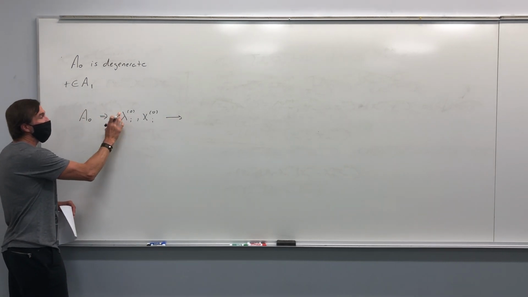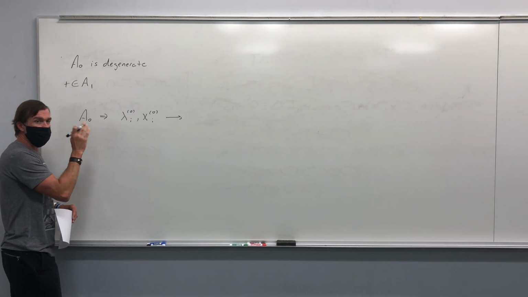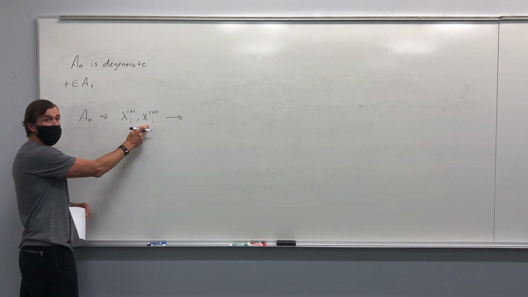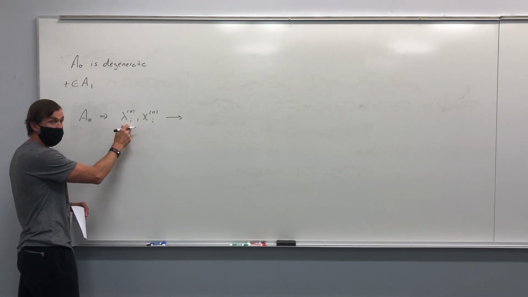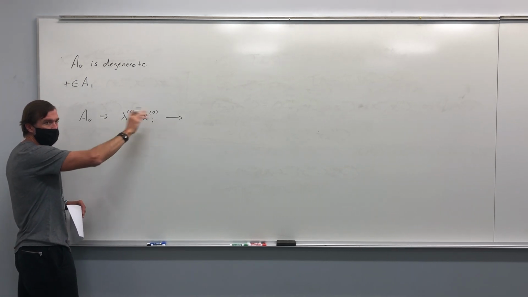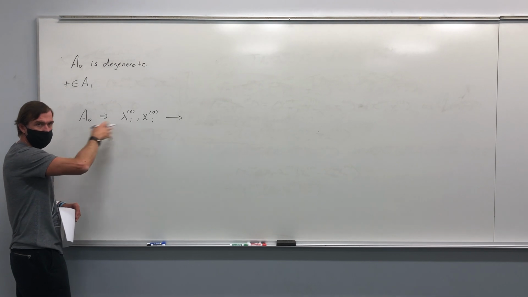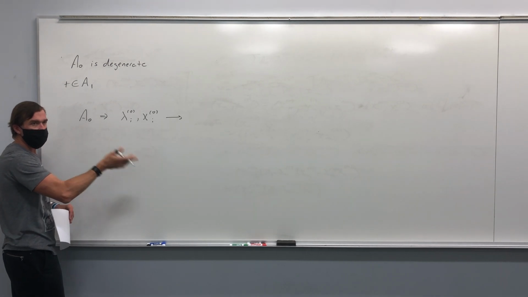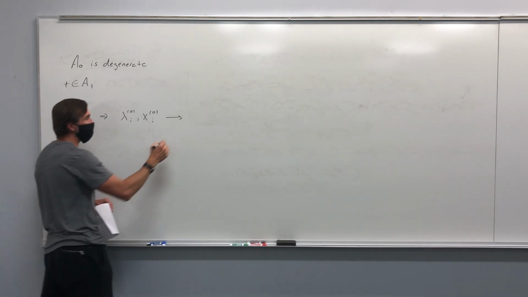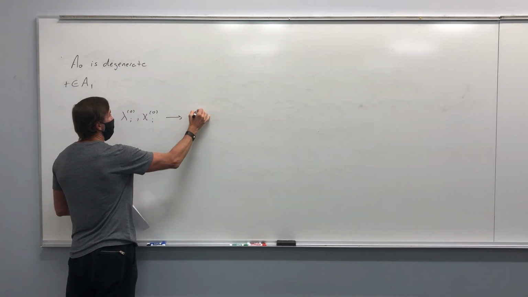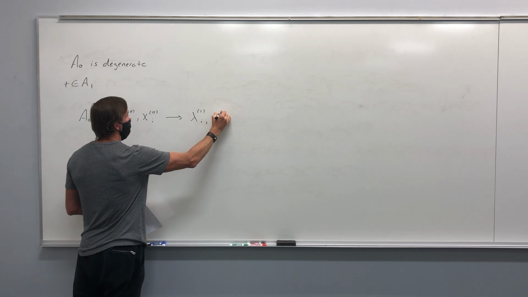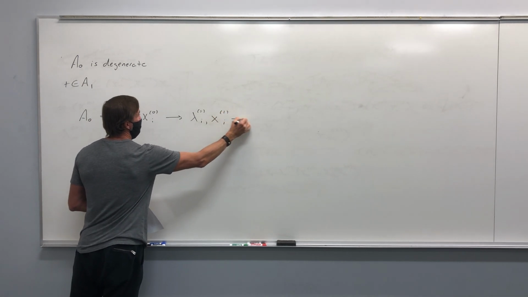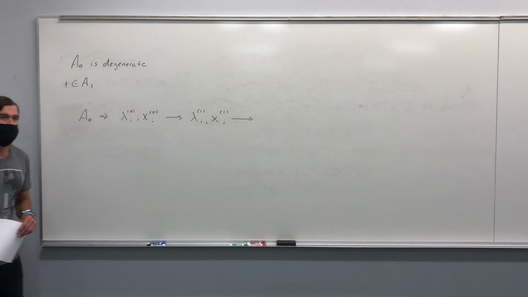And I should say that when the theory was non-degenerate, these were uniquely known. These were unique, as were these. And then we played around with introducing the expansion of the lambdas and the x's and then cramming it back into the defining equation. And what we found was the higher order corrections to those.